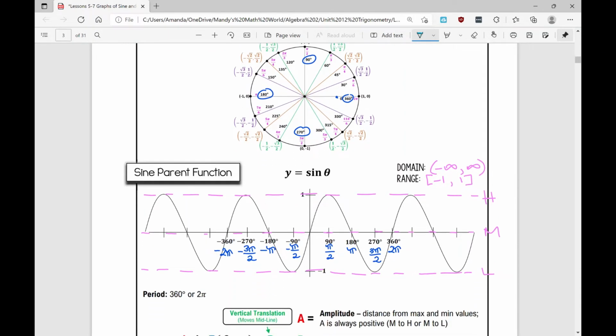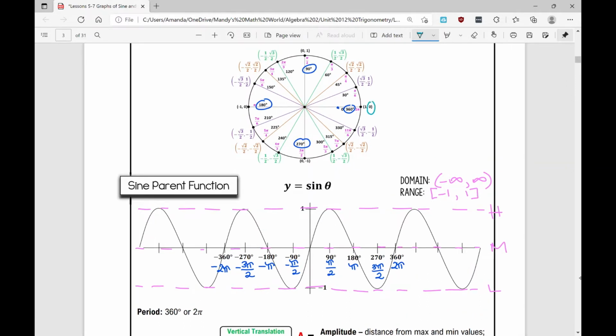So all of these y values are our y values on our graph, and our x values are our degree measures. At 0 degrees, what is y? Y is 0. At 90 degrees, y is 1. That's up here. At 180 degrees, we're back at 0. At 270 degrees, we're down to -1. And then at 360 degrees, we're back at 0.